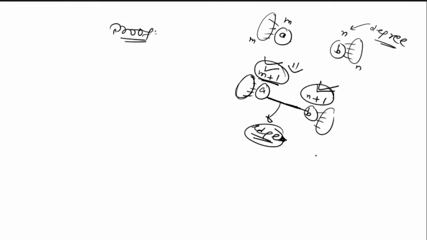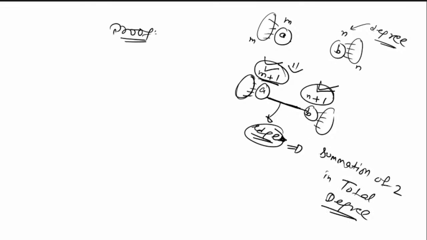That is the point. Every edge contributes a summation of 2 in the sum of degrees, because the total degree is increasing by 2 because of this edge.